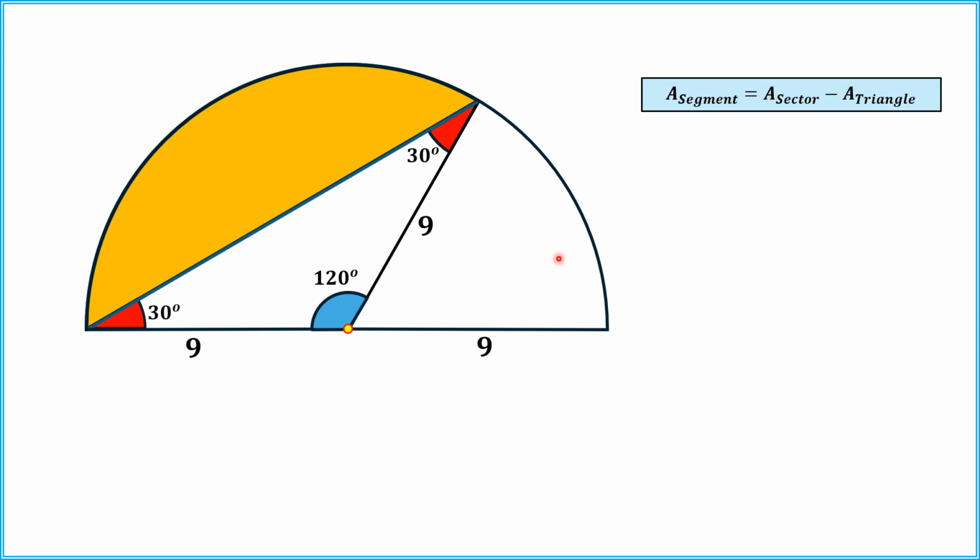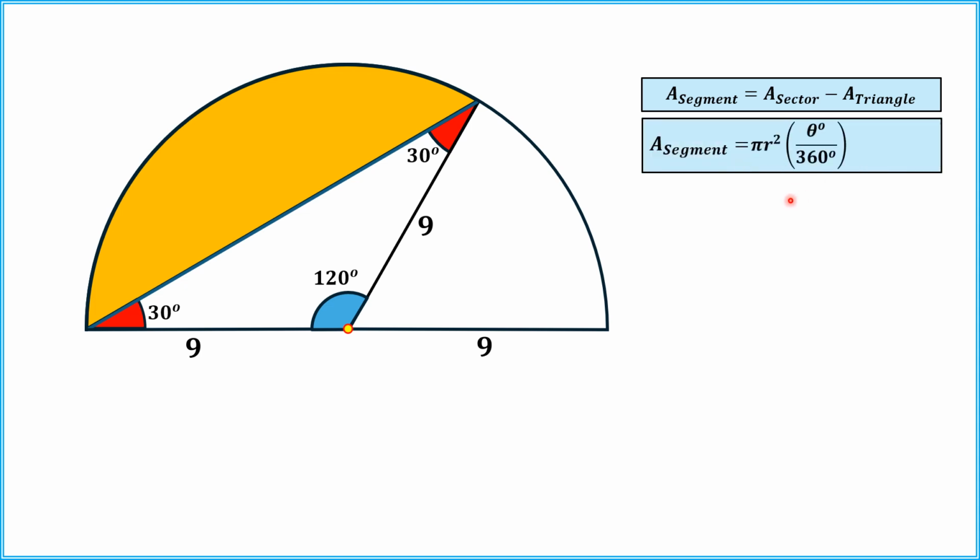We know that the area of a segment is equal to the area of this sector minus the area of this triangle. So the area of the sector can be given as pi r square times theta over 360°, minus the area of the triangle, which is 1 over 2 r square sine theta, where r is the radius of this semicircle.